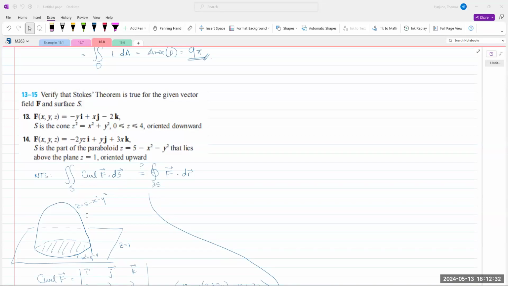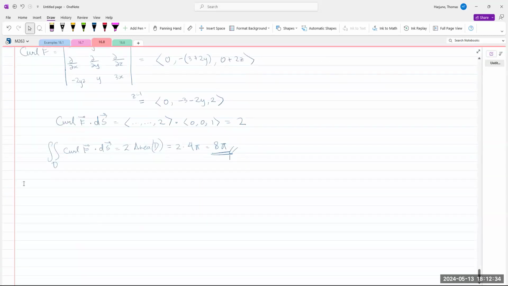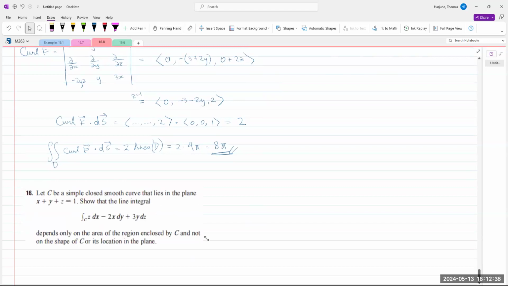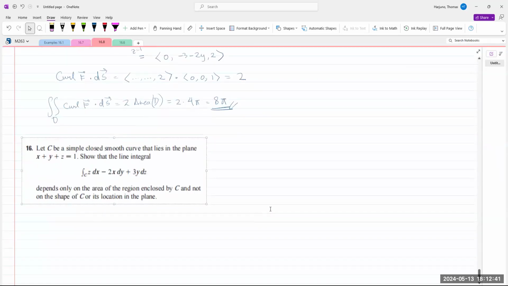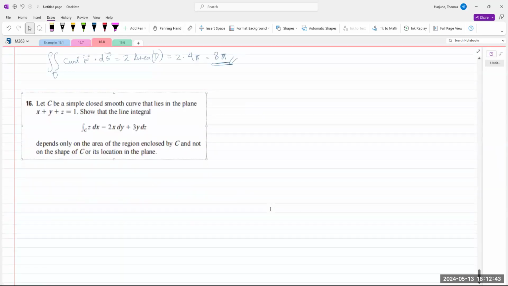This is a nice one, actually. Let C be a simple, closed, smooth curve that lies on the plane x plus y plus z equals 1. So the surface S is given by x plus y plus z equals 1, which means the vector normal to it is 1, 1, 1.